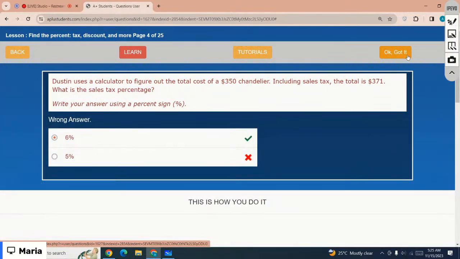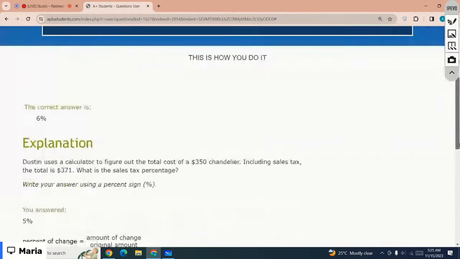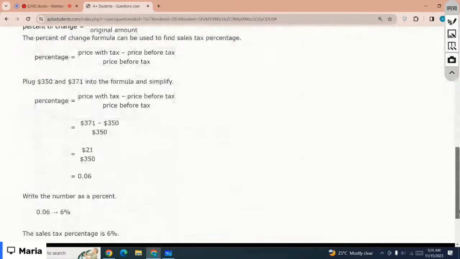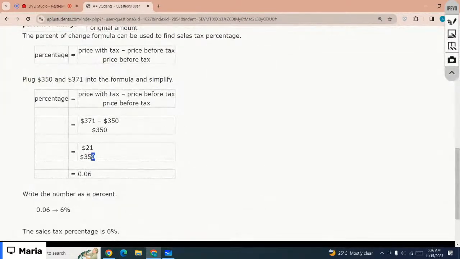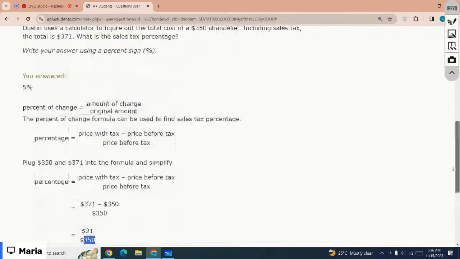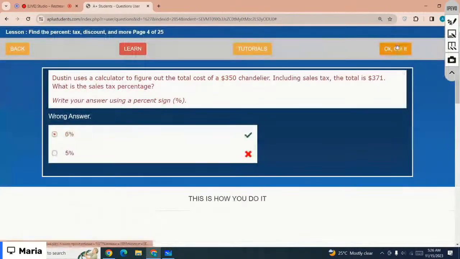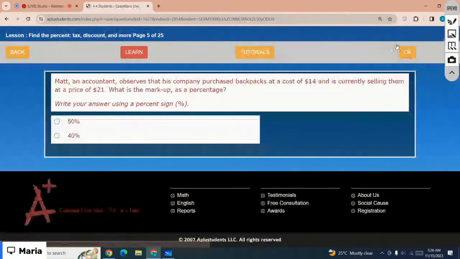Oh, you have to divide it by 350, not by 371, because the original cost is 350. Yes, you have to divide it by 350. I divided by 371. So the correct option is 6%. Got it? You have to divide it by the original cost.